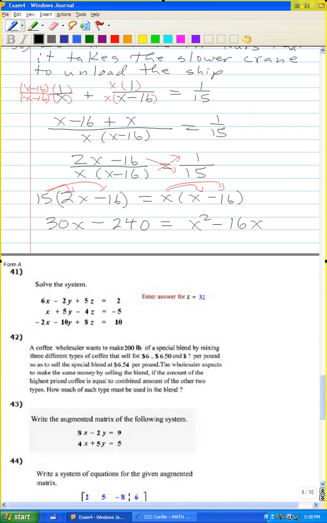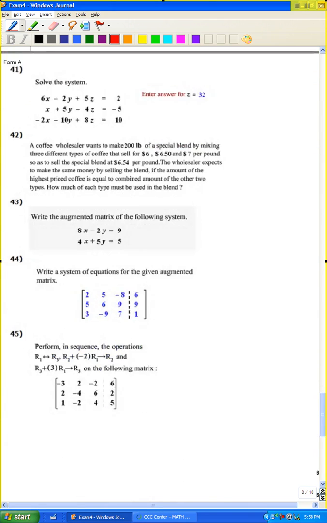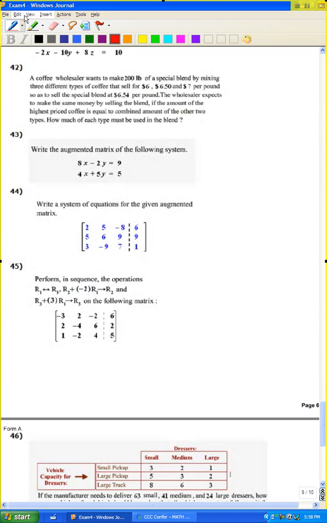Let me add 240, subtract 30x from both sides of my equation. I actually need another page. This is longer than I thought.